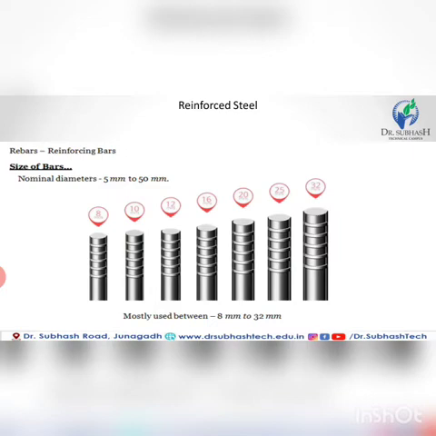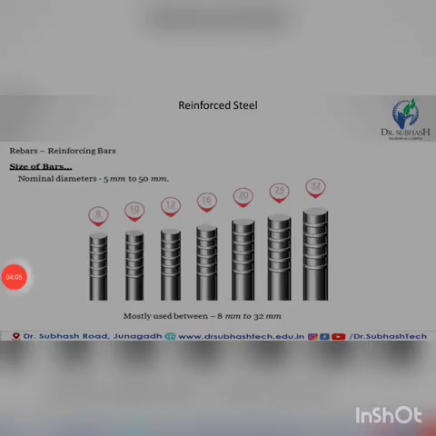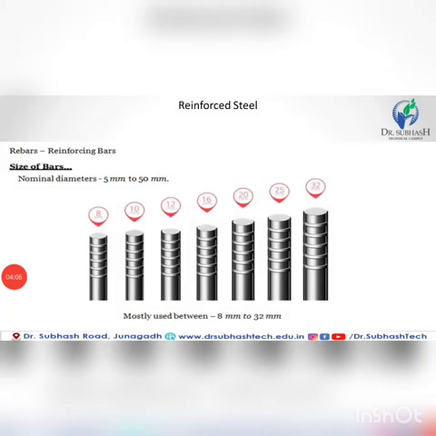These bars are available in two types: hot rolled deform bar, and second, cold twisted deform bar, CTD, which is called Tor steel.